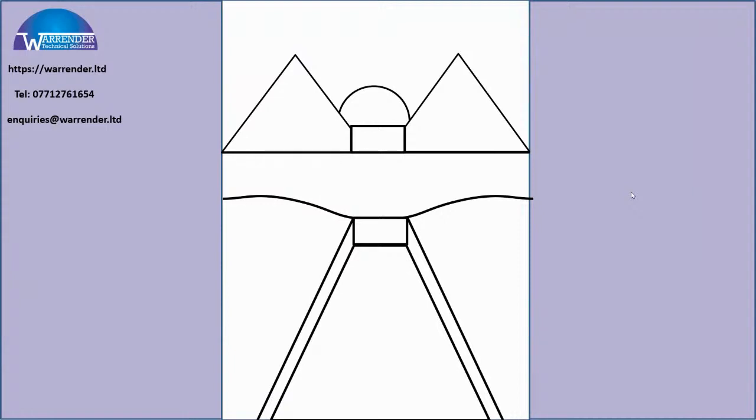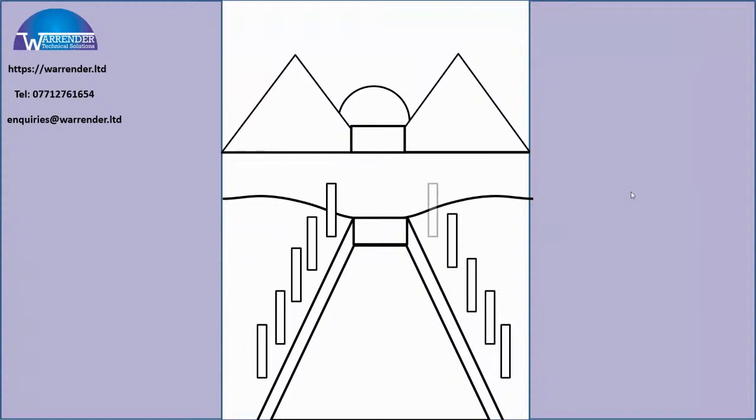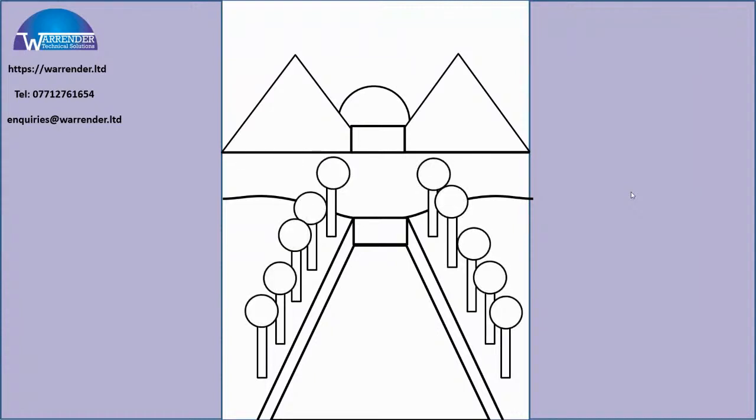On either side, we had some thin rectangles, about 5 on each side. And we top those with circles, but to be fancy, some bumpy circles. And to finish, we had a semicircle with a triangle.